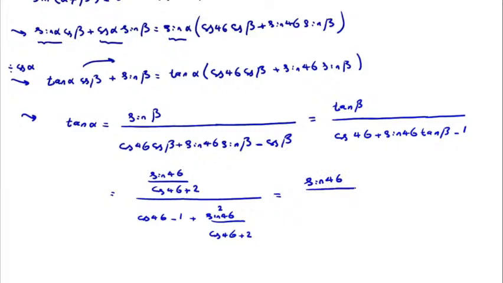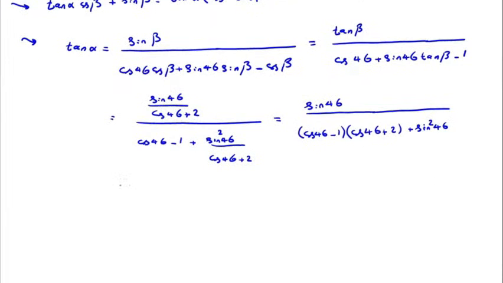It will be sine 46, and cos 46 minus 1 times cos 46 plus 2, plus sine squared 46. Okay. If we simplify, the numerator will be sine 46, the denominator cos 46 squared, 2 times cos 46 minus cos 46 will be cos 46, negative 1 times 2, negative 2, plus sine squared 46.